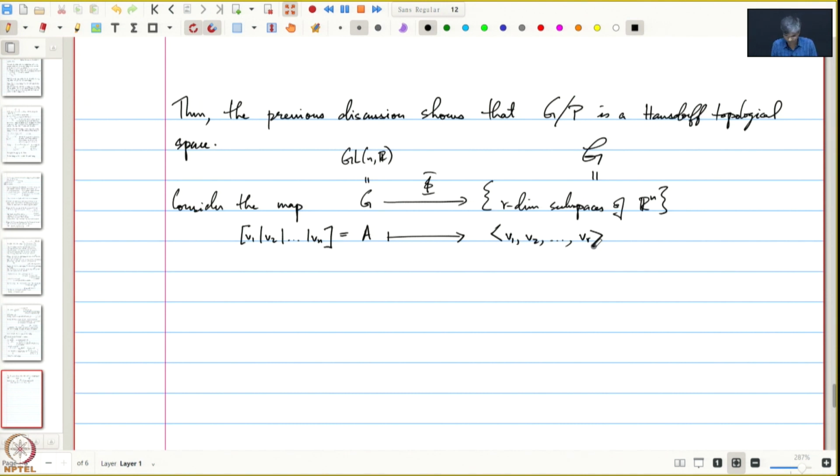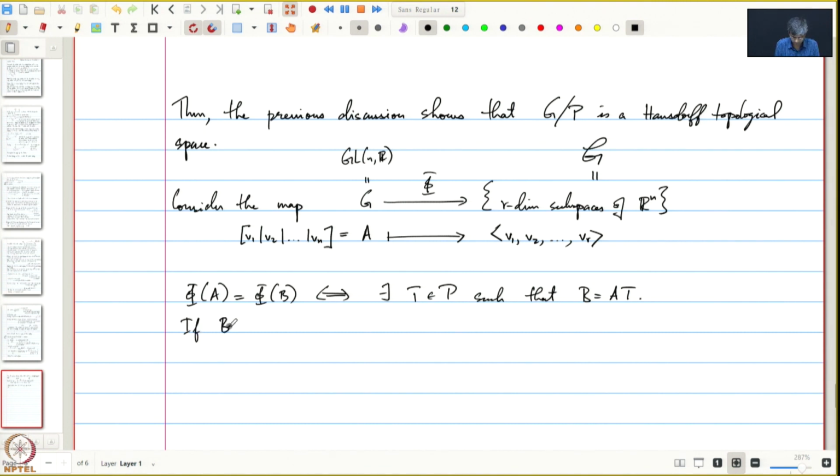Now we claim that phi of A is equal to phi of B if and only if there exists a matrix T in our parabolic subgroup P such that B is equal to A times T. Let's see this.